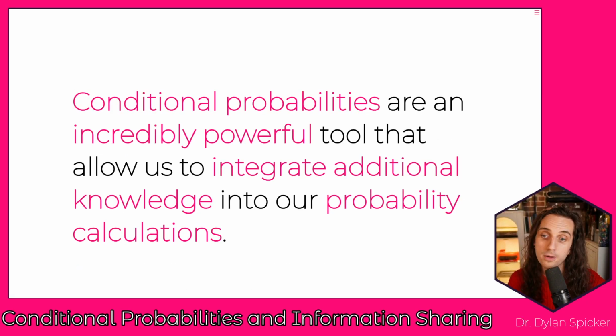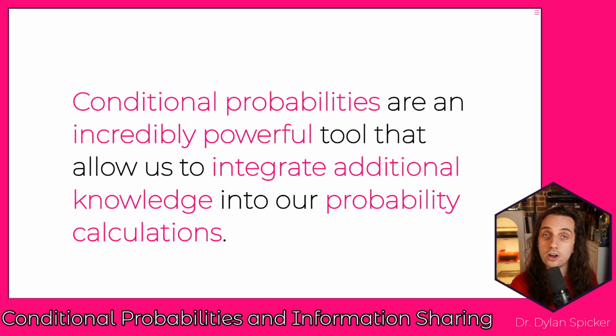Okay, so conditional probabilities are going to be an incredibly powerful tool. We'll use them all over the place. What they allow us to do is integrate additional knowledge that we happen to have into our probability calculations. So anytime that we know something about the world, anytime that we're able to observe something about the world, we can take that into account through the use of conditional probabilities and this conditional logic.